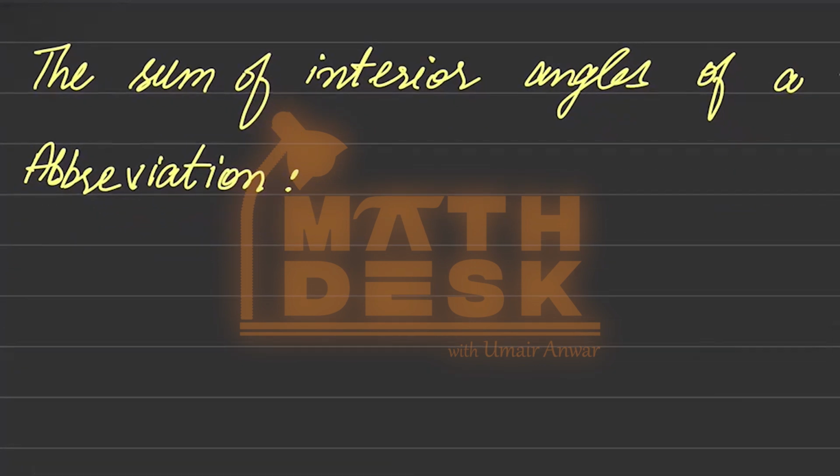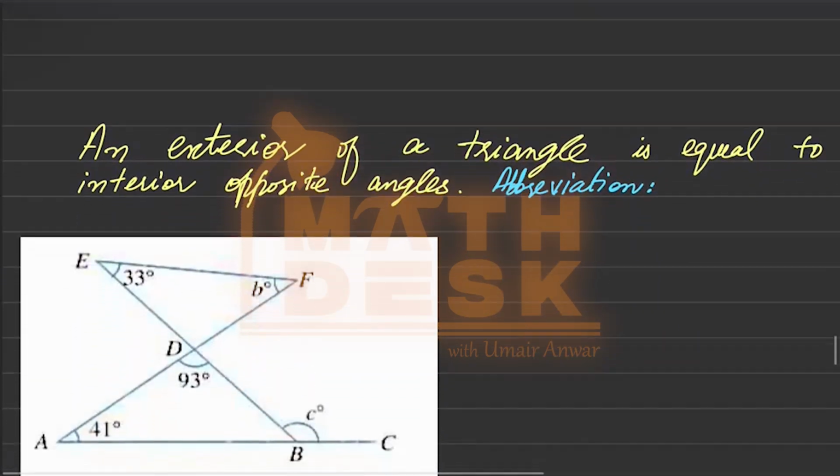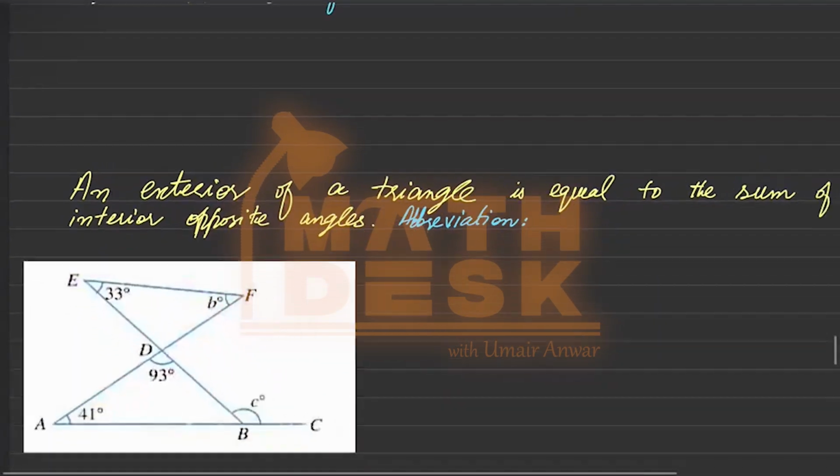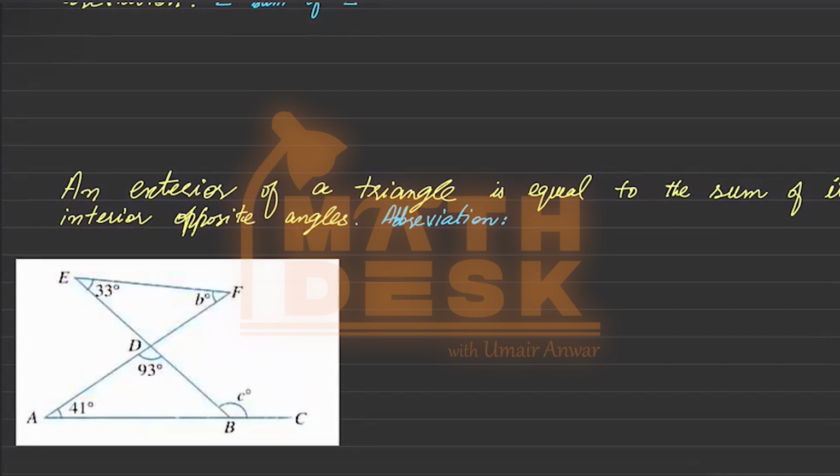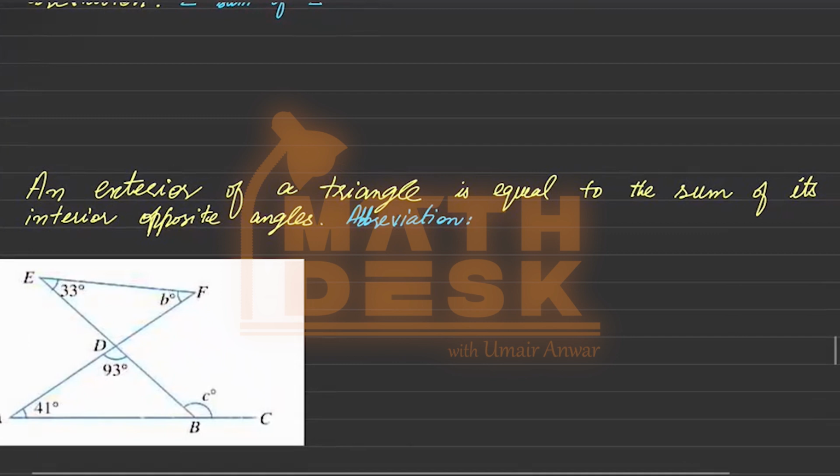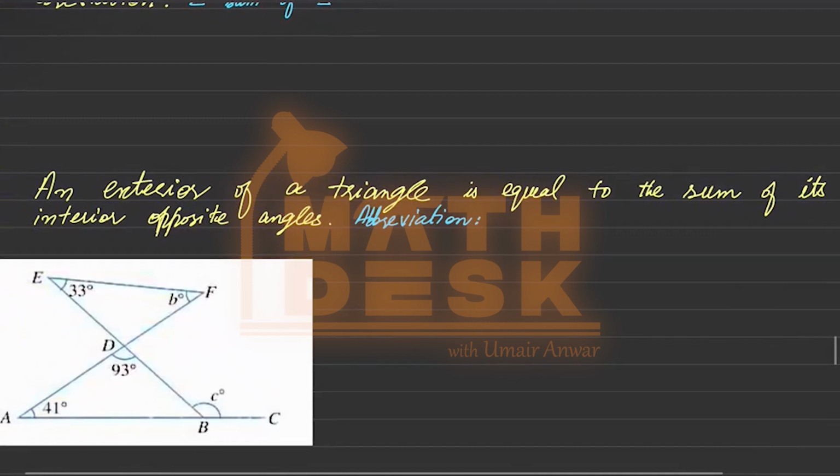Now, the abbreviation for this is angle sum of triangle, which means that we are referring to the sum of angles of a triangle. So it should be equal to 180 degrees. Similarly, another important relation of the angles of a triangle is that an exterior angle of a triangle is equal to the sum of its interior opposite angles.